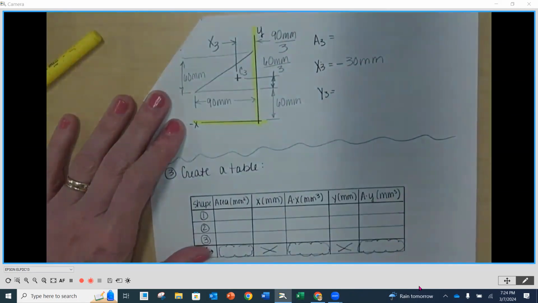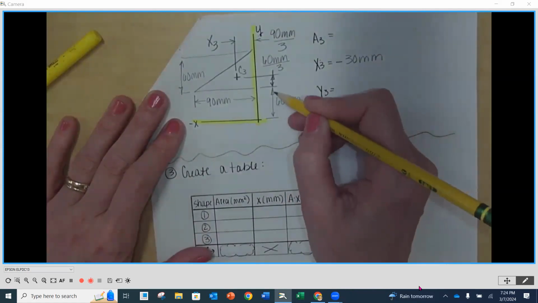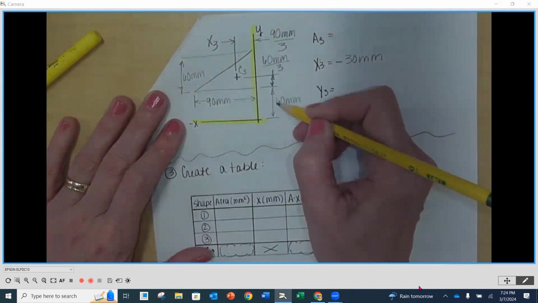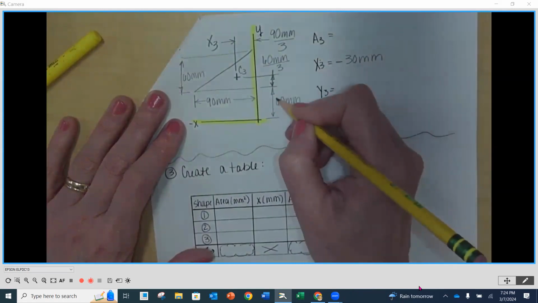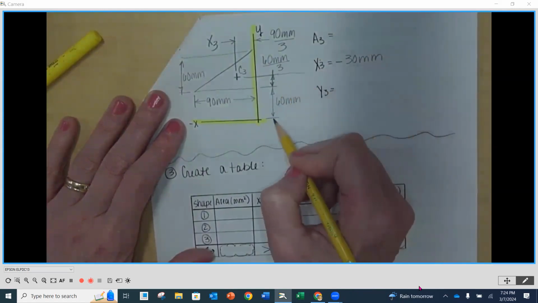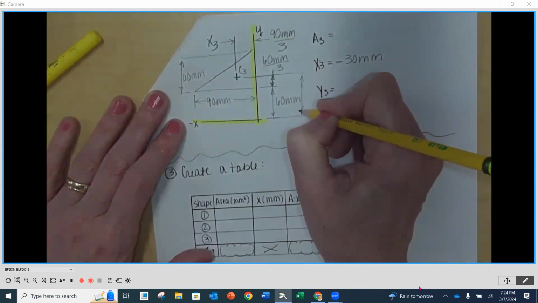So it's 1/3 the distance of the height. If I take 60 plus 20, then my Y3 distance is going to be all the way from down here all the way here.